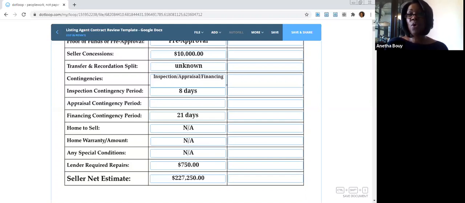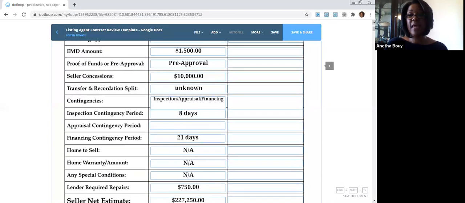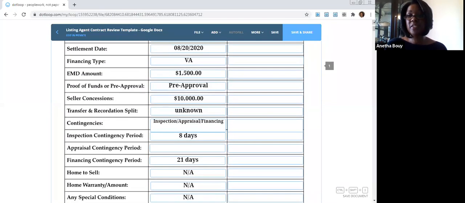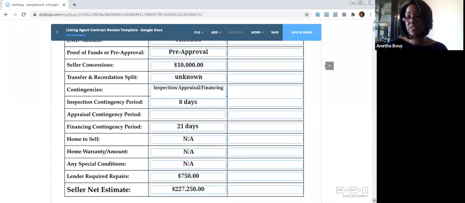Okay. So all of this information that we have on this template or this synopsis was pulled from the offer contract that you received.